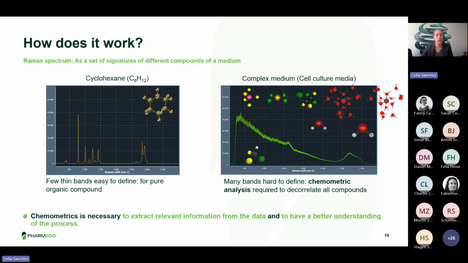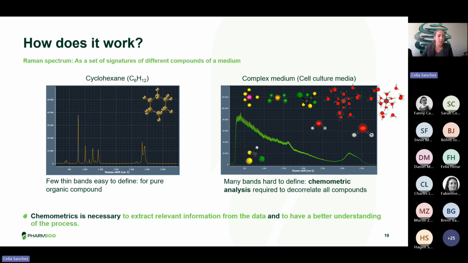This is where we need chemometric analysis, in order to decorrelate all those compounds and be able to link the spectra on the one hand and the concentration of what we want to analyze on the other hand. So this is why we use chemometrics.